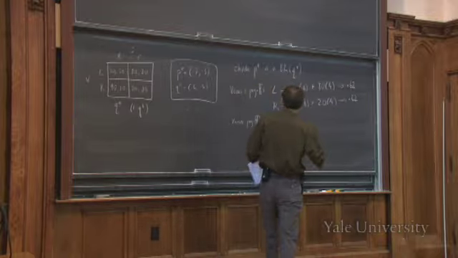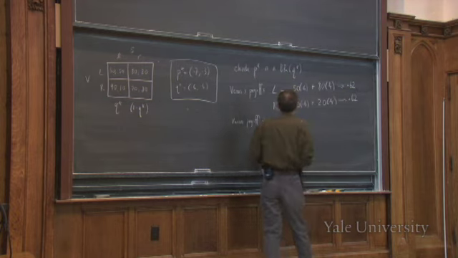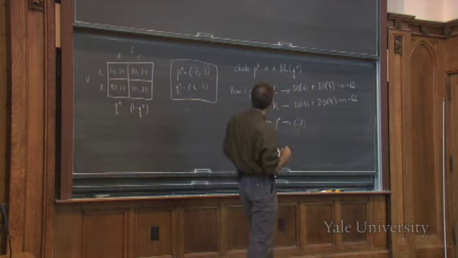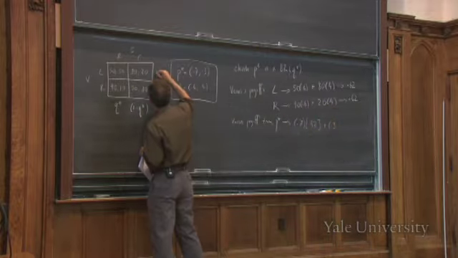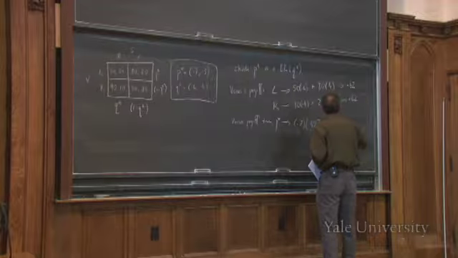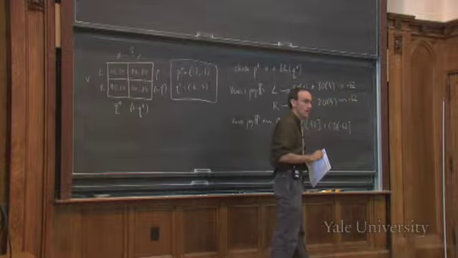Well, P star is 0.7, so 0.7 of the time she will actually be playing left, and when she plays left, she'll get a payoff of 62. And 0.3 of the time, she'll be playing right, and once again, she'll be getting a payoff of 62.